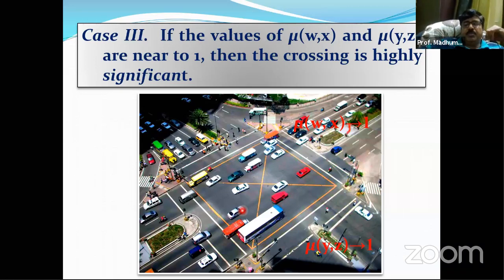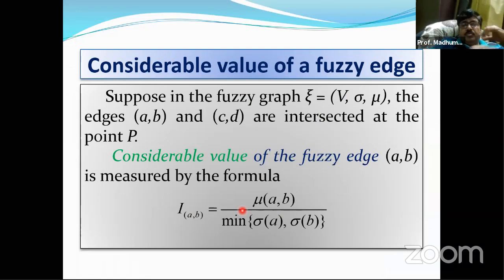This concept we have used in our graph also. So we have defined one term, the considerable value. That means whether that particular crossing is useful or not. That one is denoted by this mathematical expression. So mu AB represents the membership value of the edge in terms of the graph, and sigma A and sigma B represent the membership values of the end vertices.